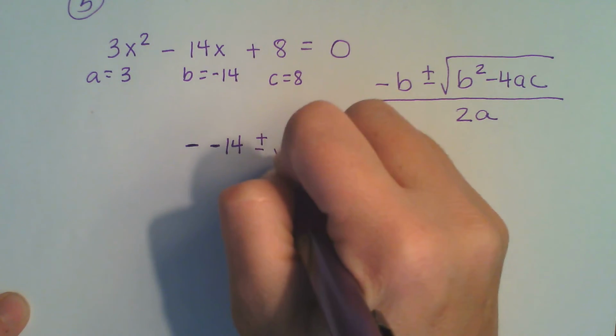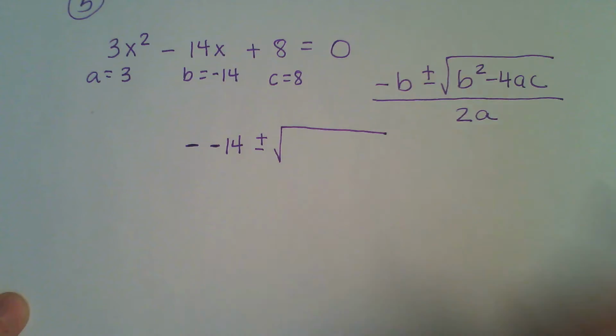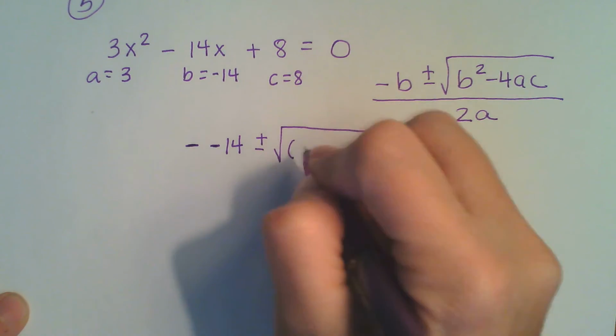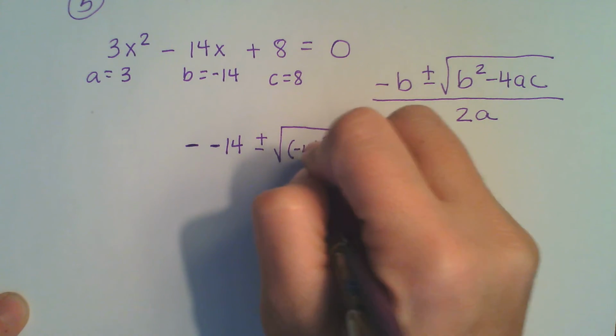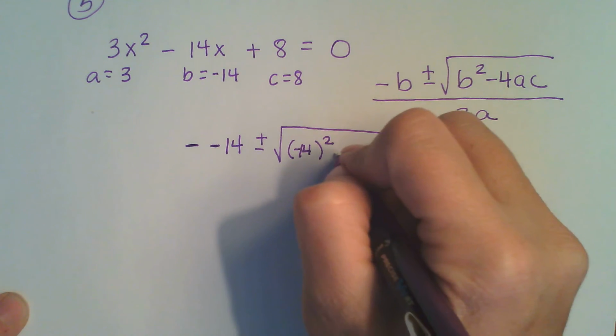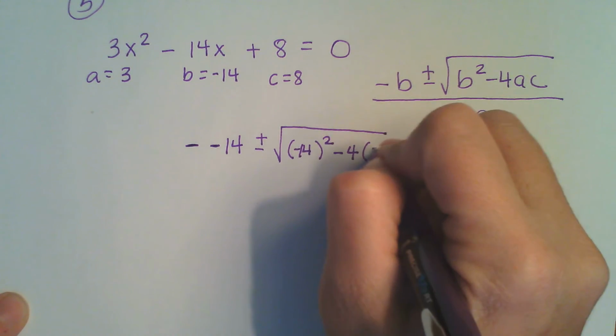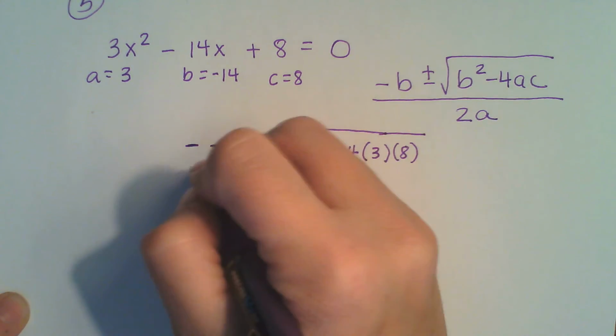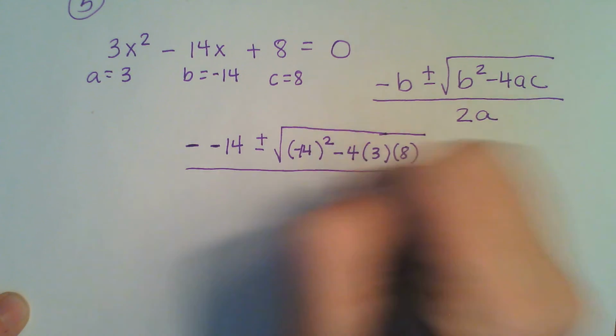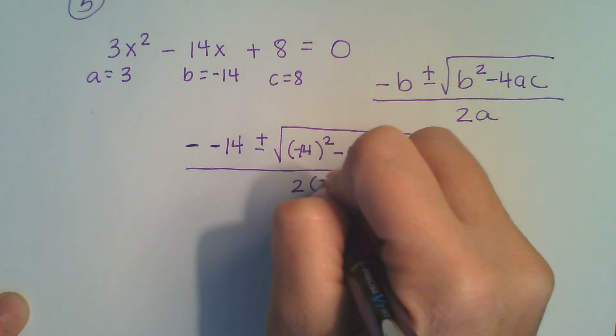Plus and minus the square root. I want to do b squared in parentheses, so negative 14 in parentheses, squared minus 4 times a times c, all over 2 times a.